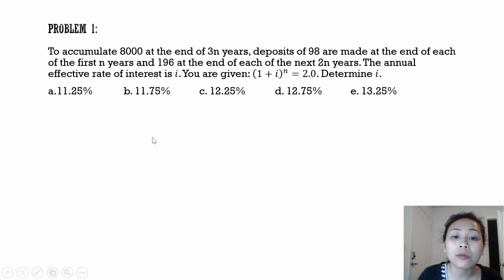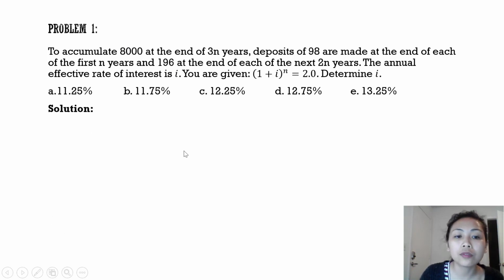So you see, this problem is basically an annuity with block payments. The first period you pay $98. The second period you pay 196. That means increase it by 98. And the question gives you the accumulated value, so you are going to start at the beginning and move forward.